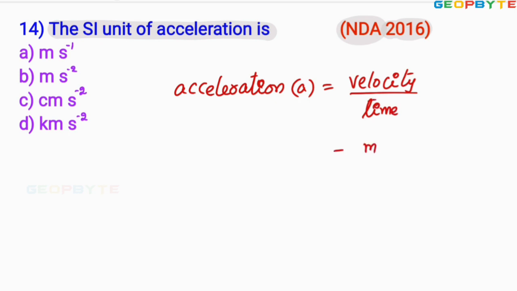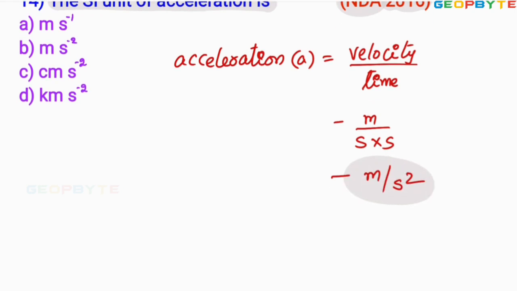Velocity is in meter per second, time is in second, so it is meter per second square. Therefore, meter per second square is the unit of acceleration, which can also be written as meter s power minus 2. Look at option B. Option B itself is absolutely correct. Let us move to the next problem.